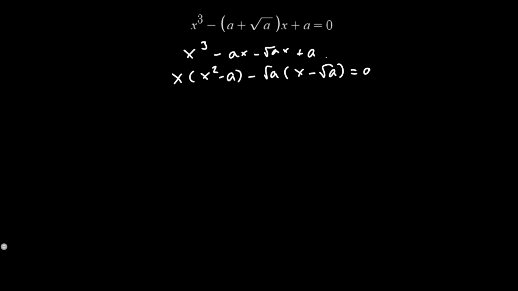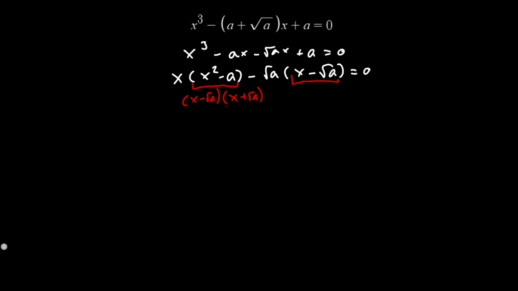And that is equal to 0. So now what we notice here is that we have x squared minus a, and here we have x minus root a. We can use the difference of squares to rewrite this as x minus root a times x plus root a.